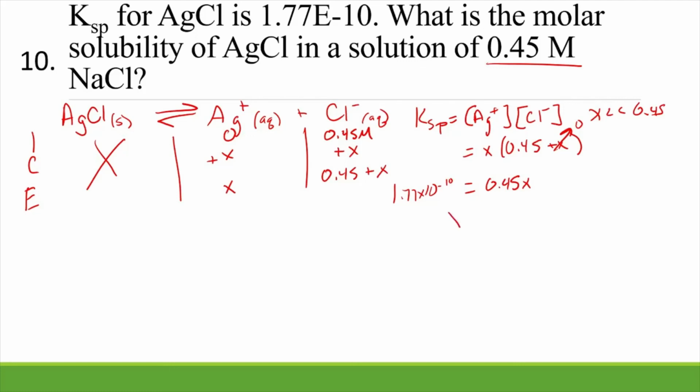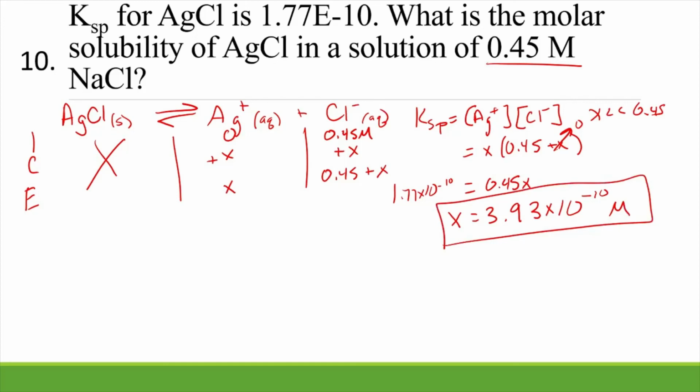Then solving for X, you get X equals 3.93 times 10 to the negative 10th molar for its molar solubility. So it already has a pretty low solubility, but then you add in that little bit of extra salt, and it plummets even more. So that does it for the chapter 15 homework questions.